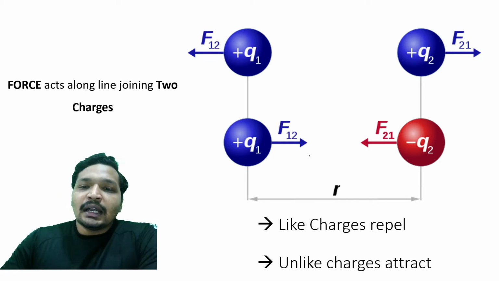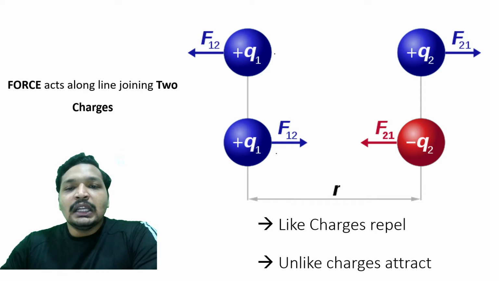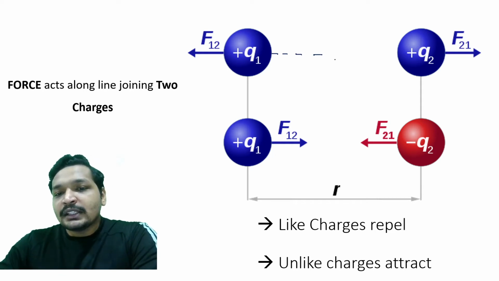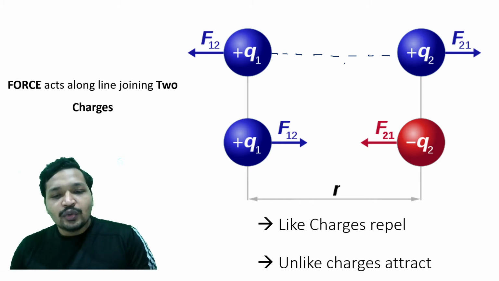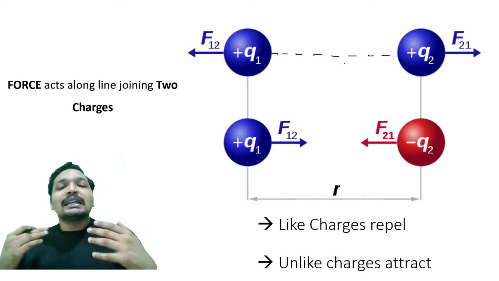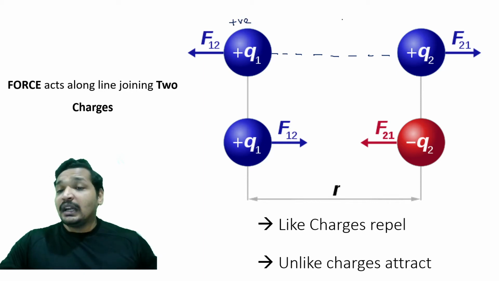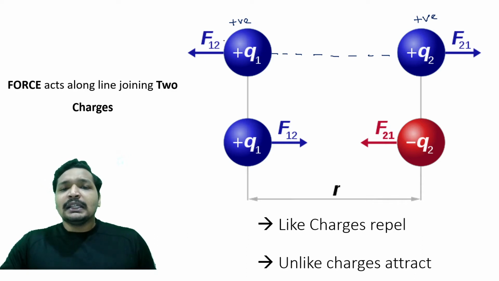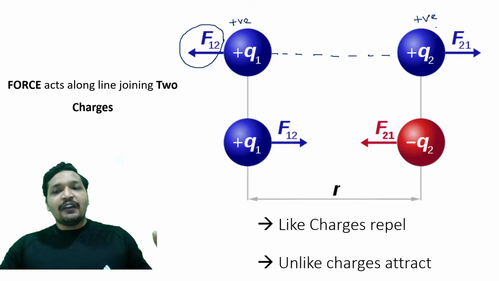He said that the forces are always along the line joining two charges. So wherever the line joining them is, that is where the force lies. He said that like charges, for example a negative-negative pair or a positive-positive pair, repel each other, and as you can see, the force is directed away from each other.